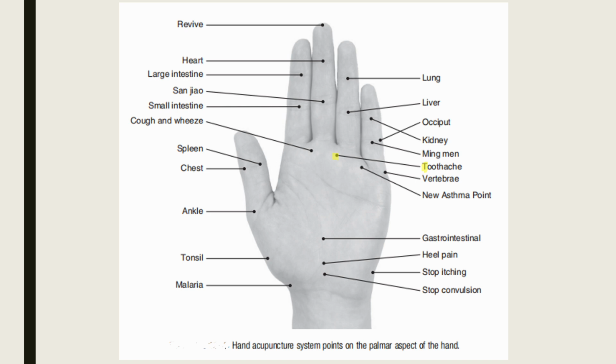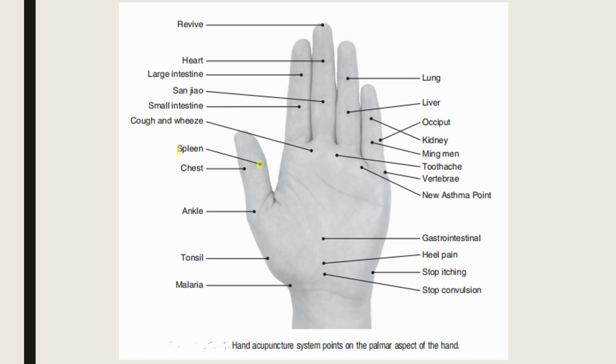Location: between the third and fourth metacarpophalangeal joint on the palmar side. Indication: toothache. The new asthma point. Location: between the fourth and fifth metacarpophalangeal joint on the palmar side. Indication: asthma.